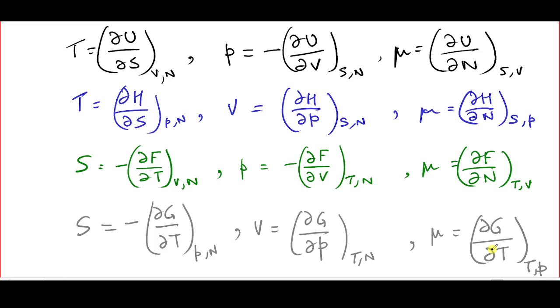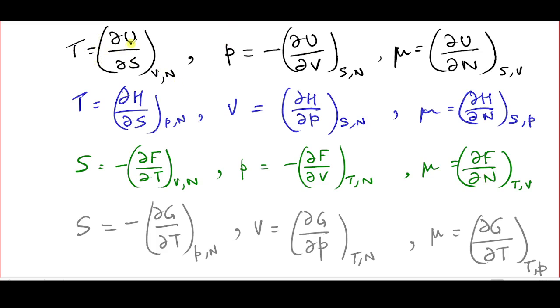So, how fast any of these thermodynamic potentials change when you change n, keeping the other two variables intact, is not really something you're worried about. And since n is constant anyway in such systems, you don't write T is del U del S at constant V and n. You just write T is del U del S at constant V.